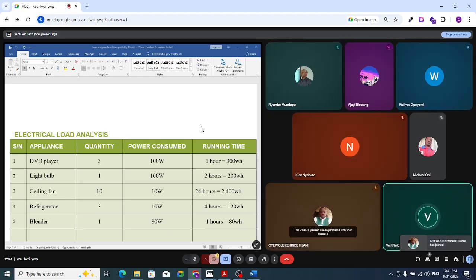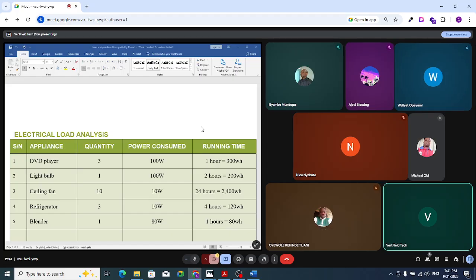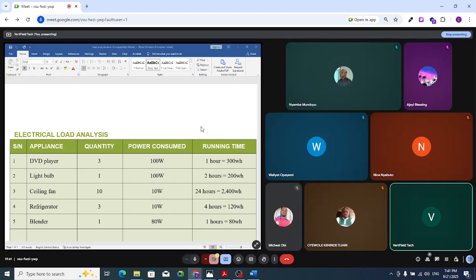Asking Mr. Nyabe to give us his energy need, he might be new to solar systems and might not understand what we are talking about. So we break it down for him by asking him to give us the various appliances he wishes to power using the solar system.